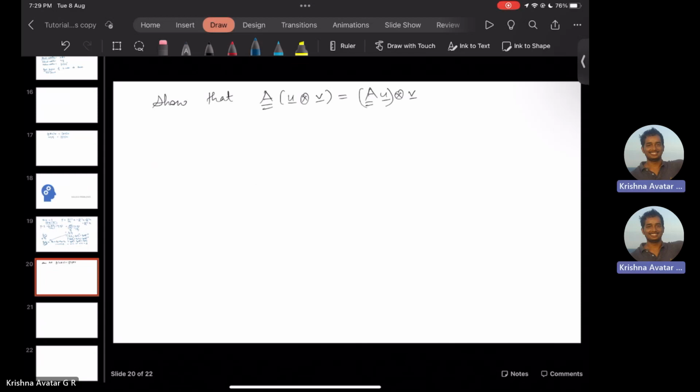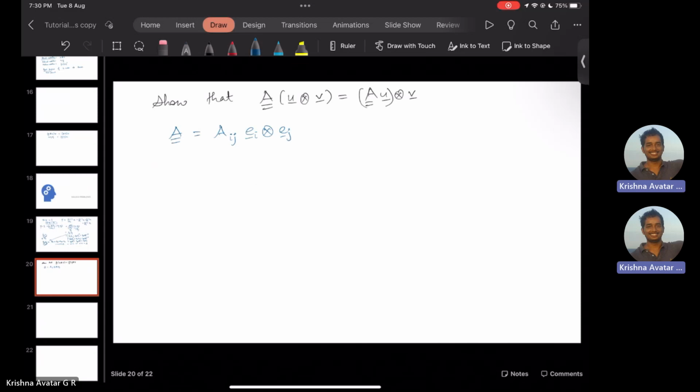You start with A, which in terms of a Cartesian reference system is Aij ei ⊗ ej. Any tensor can be represented in a particular coordinate system like this. Since it's a second order tensor, we have ij and ei ⊗ ej.